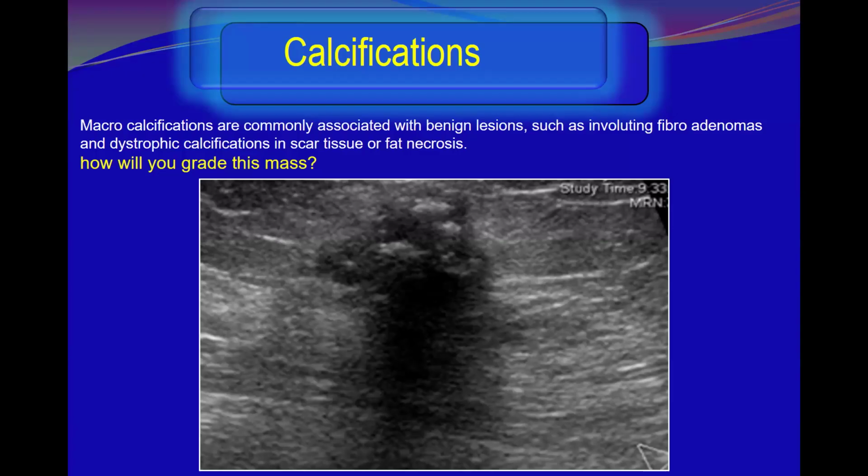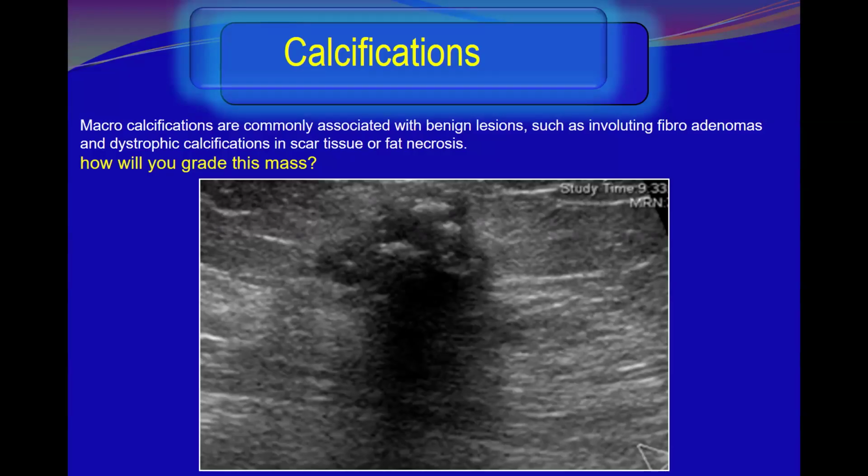Okay? And then the shape. Here the shape is irregular, the margins indistinct, and there is associated calcification as well as hyperechogenicity, but mostly edema or desmoplastic reaction.